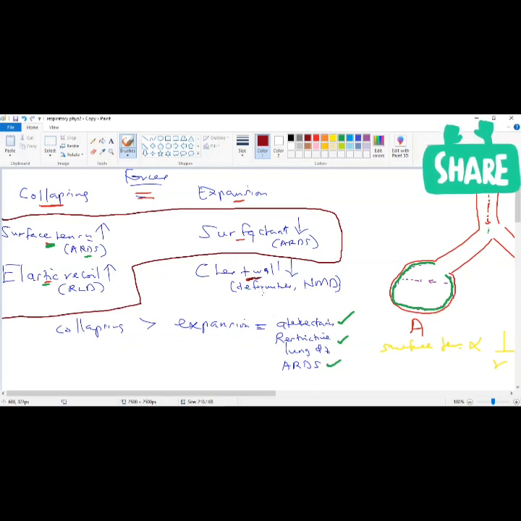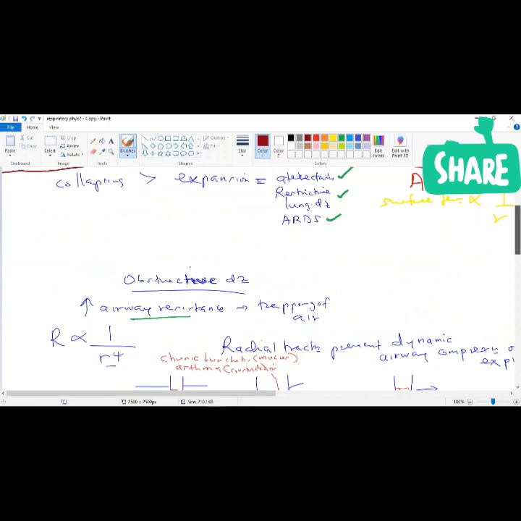The DLCO, diffusion capacity of carbon monoxide, is going to be normal because it's the chest wall, not the lung. But in ARDS, pulmonary fibrosis, and surfactant issues, surface tension, those will affect the diffusion barrier in the lung. So you're going to see a low DLCO in parenchymal restrictive lung disease. We'll talk about that more in pathology.